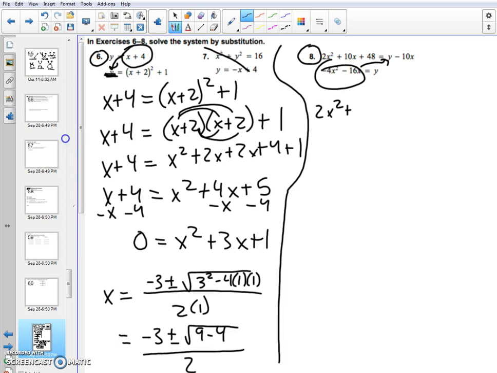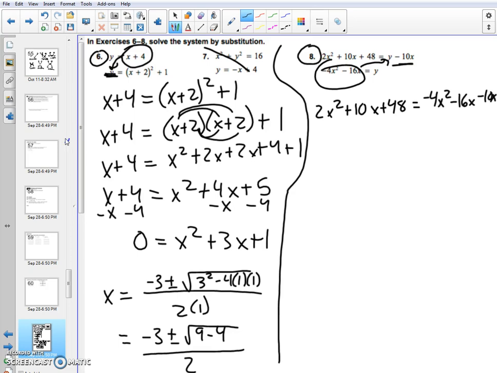So 2x squared plus 10x plus 48 equals, now instead of y, I'm going to put whatever y is equal to. So that's negative 4x squared minus 16x, and then don't forget this minus 10x we have hanging out at the end there.